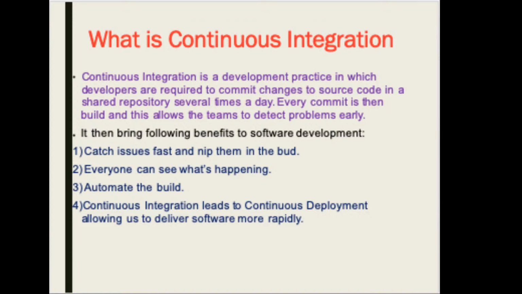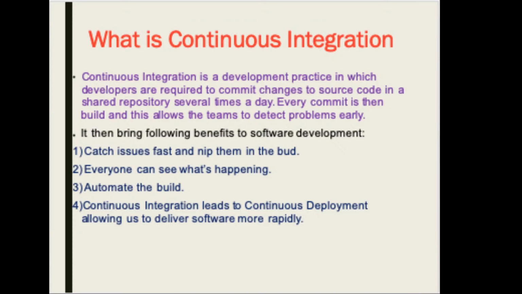So committing and building at an early stage will uncover majority of the problems or defects at an early stage, which will obviously lead to lesser maintenance cost, higher quality. Obviously, quality is the bedrock of software engineering. So obviously this is required. So that is why continuous integration basically gains importance.